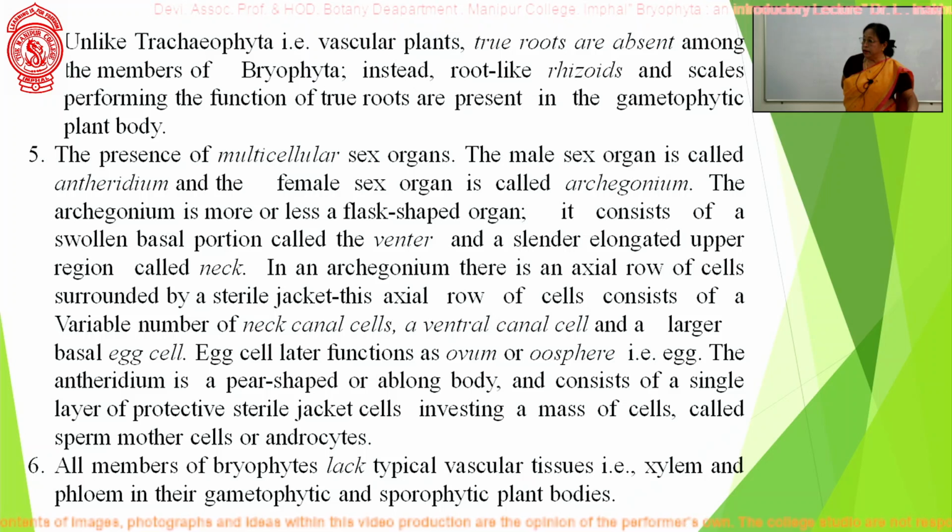It means the gametes are dissimilar in structure and shape, where the male gametes are smaller and motile, known as sperms or antherozoids, while female gametes are larger and non-motile, called egg or oosphere. The sperms or antherozoids are biflagellate, that means they have two flagella of the whiplash type.